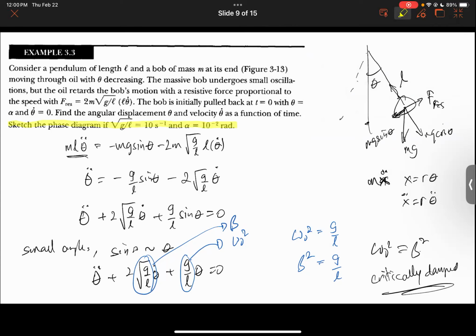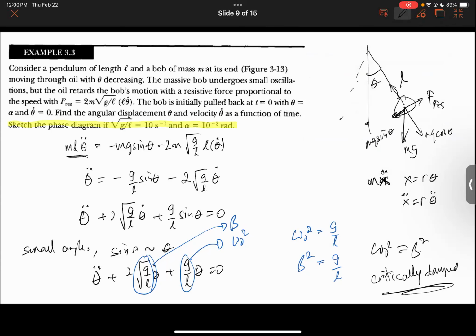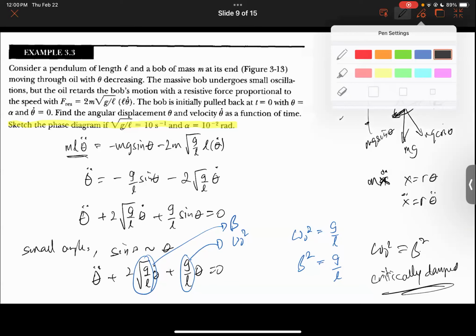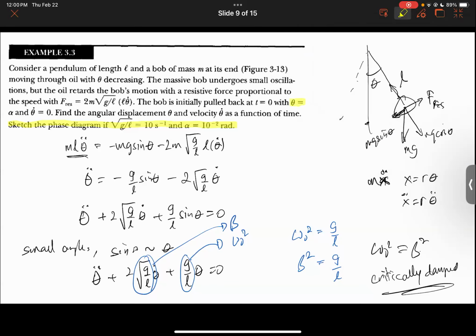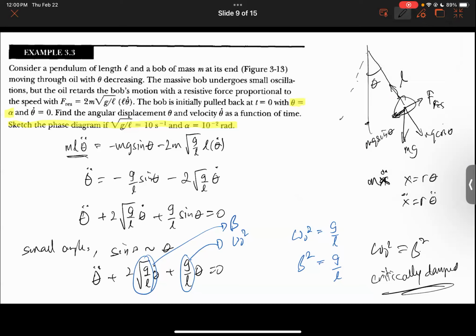What is alpha? That's the initial condition: theta is equal to alpha. So the initial condition for the angle is 10 to the minus 2 radians at t equals 0. So what does the phase diagram look like?